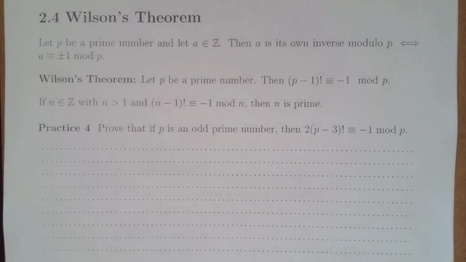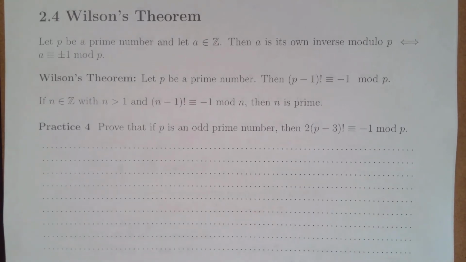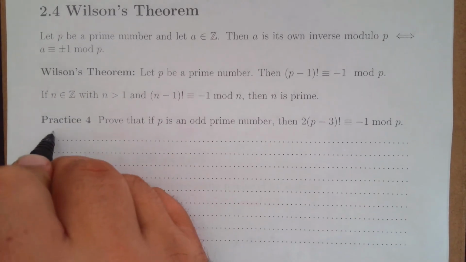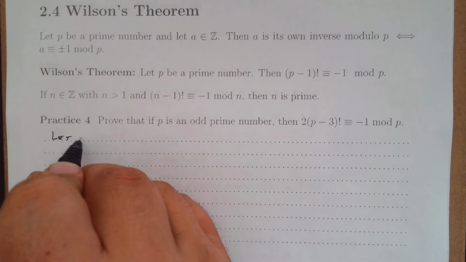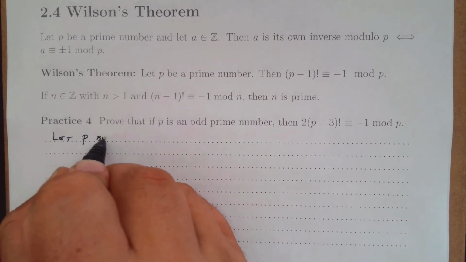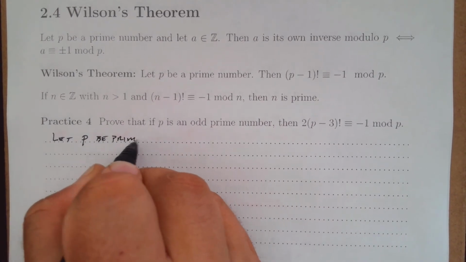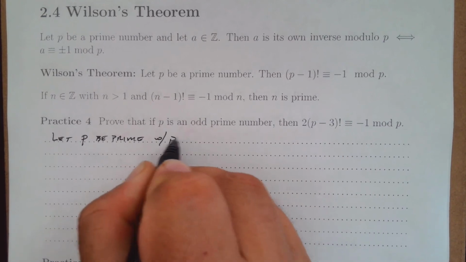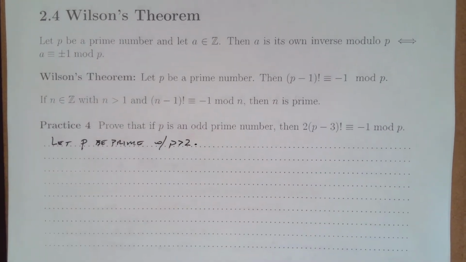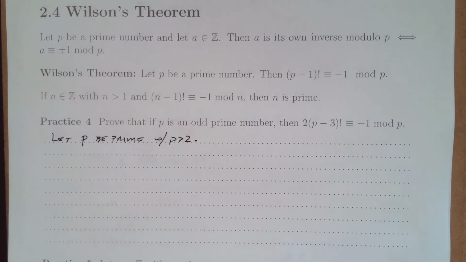So how can we do this? Let's start with p be prime with p greater than 2. So this is going to give us an odd prime number.